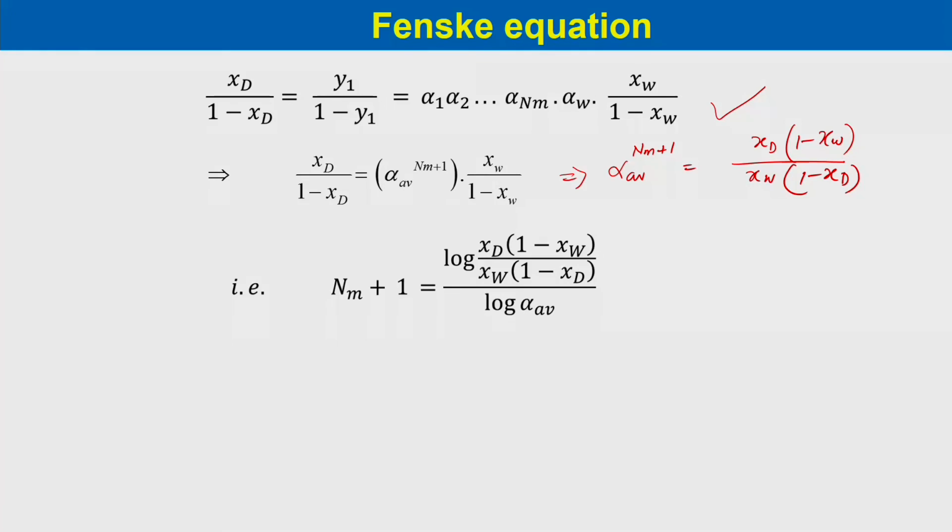Now, taking log for both sides, we can write n_m plus 1 would be equal to log of x_d into 1 minus x_w divided by x_w into 1 minus x_d, whole divided by log alpha average, and we can also write this as n_m is equal to log of x_d into 1 minus x_w divided by x_w into 1 minus x_d, divided by log alpha average, minus 1.